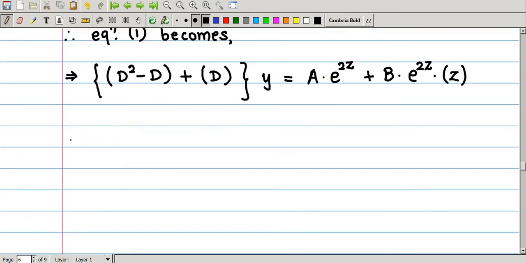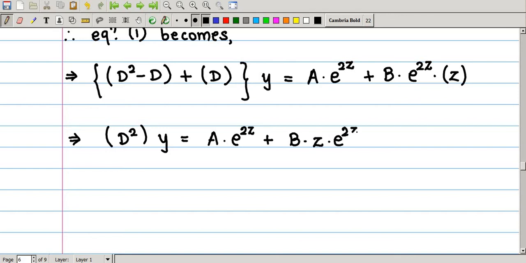Therefore we can simplify, we get D square into y is equal to a times e raised to 2z plus b times z into e raised to 2z. We denote it by equation number 2, and this is a linear differential equation with constant coefficients.